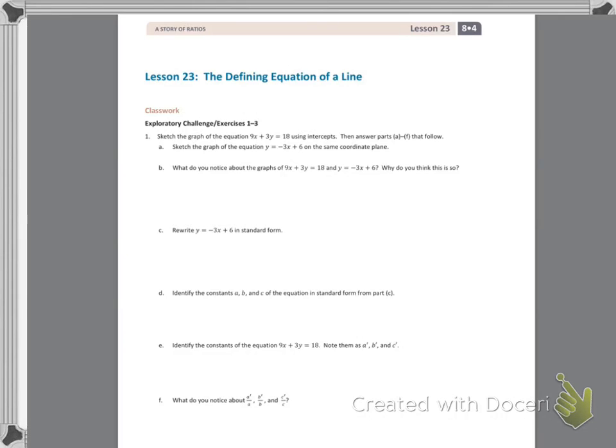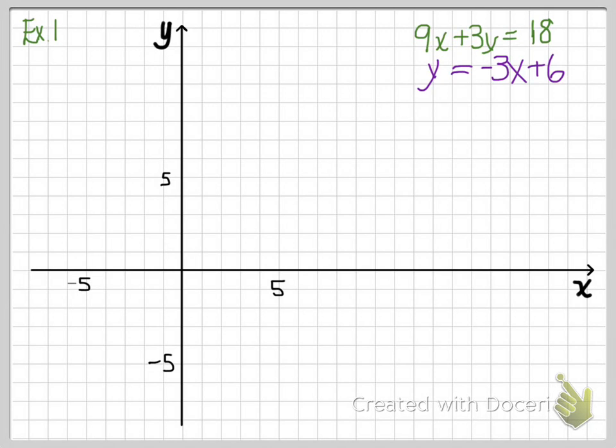All right, so for exercise 1, we are asked to sketch the graph of the equation 9x plus 3y equals 18 using intercepts. So we'll practice that. And then answer parts A through F that follow. Okay, so let's start by looking at what those graphs look like.